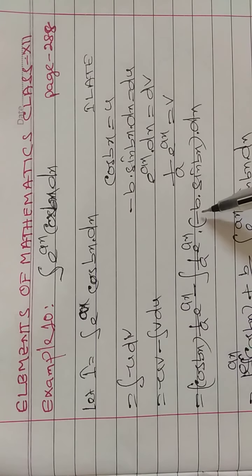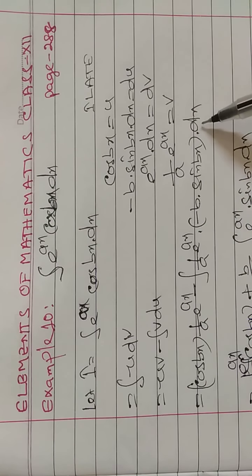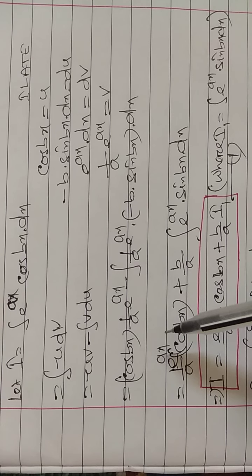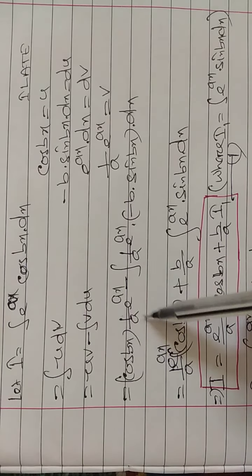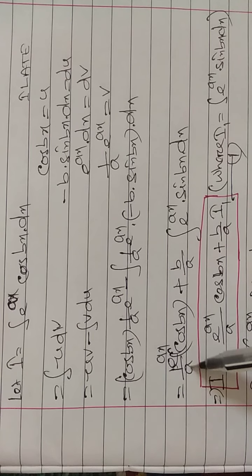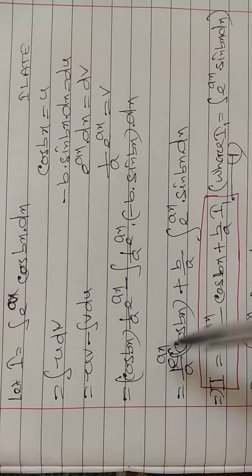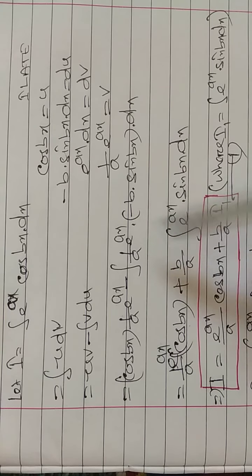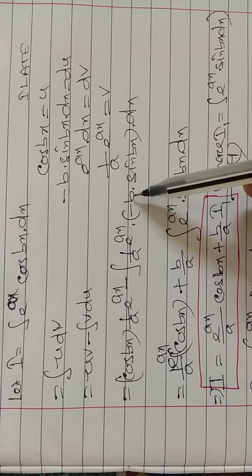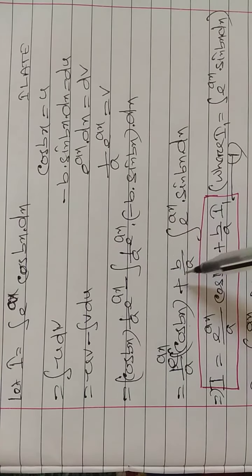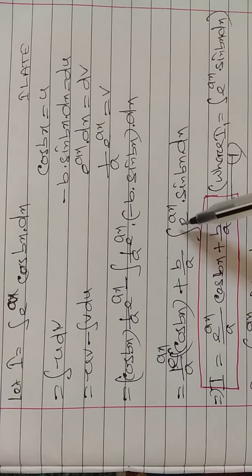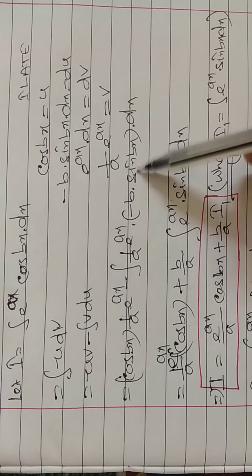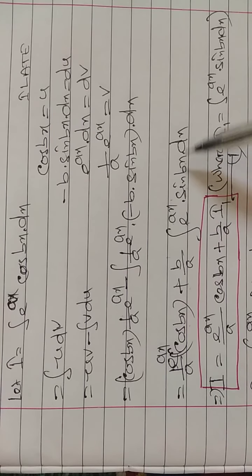Minus into minus is plus, and taking b, that is b by a into the integral of e to the power x sin bx dx.